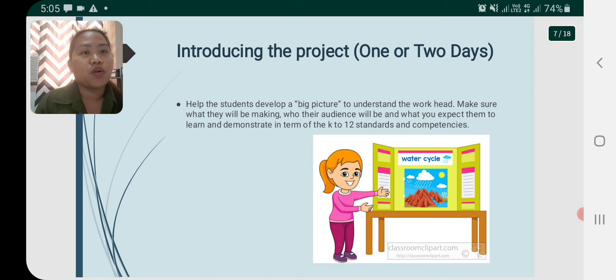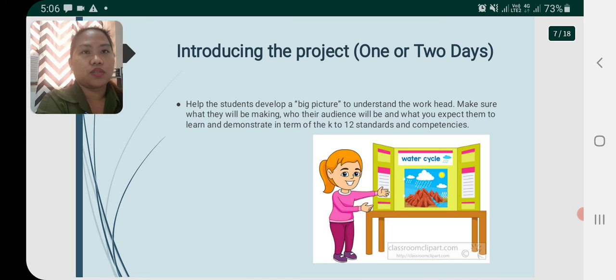So tayo po, kung mayroon tayong projects, kailangan muna natin magpakita ng big picture na tinatawag para mas maintindihan ng mga estudyante natin o ng ating mga boss. Ayan, ginagamit na yan ngayon sa pagpapakita ng kung paano ka gumawa ng isang project.